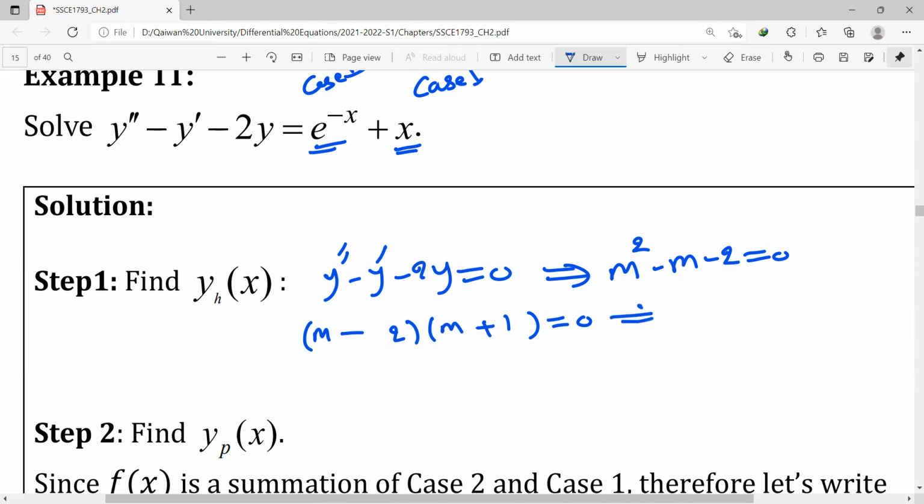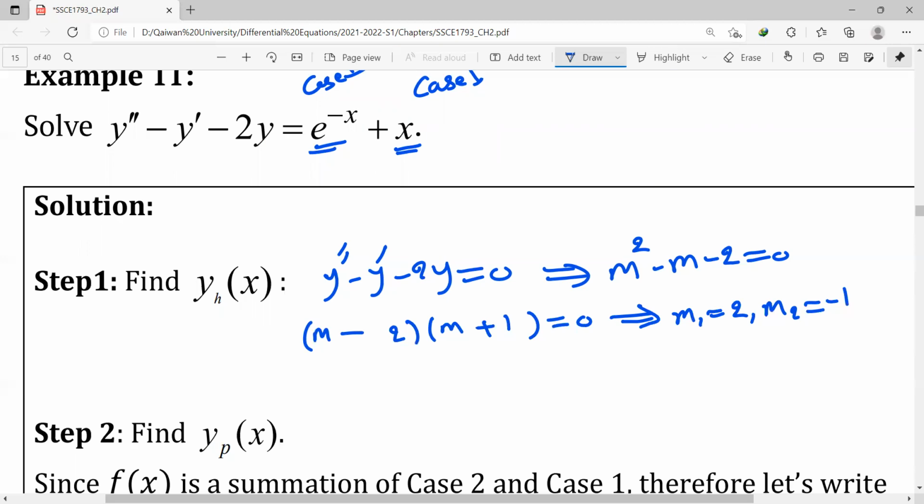Now, how many values of m do we get? 2. We get 2 different values for m. What are the values of m here? m1 equals 2 and m2 equals -1. They are different.